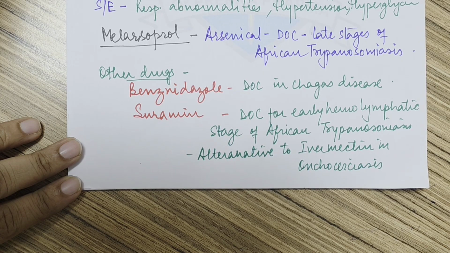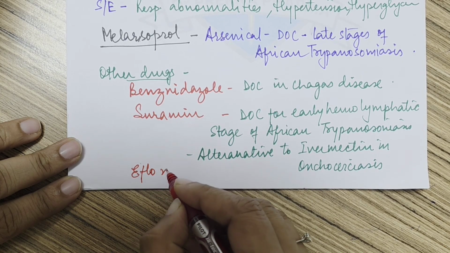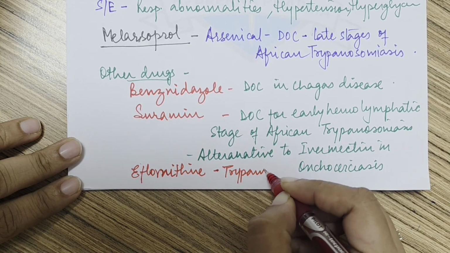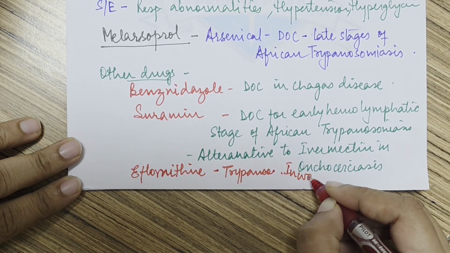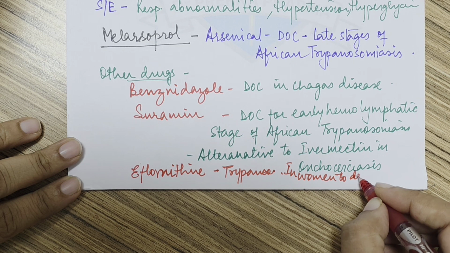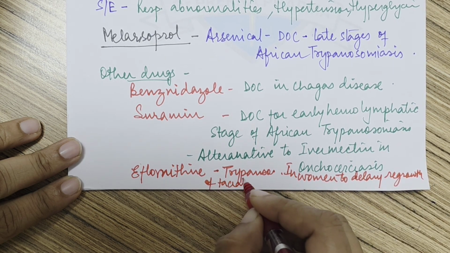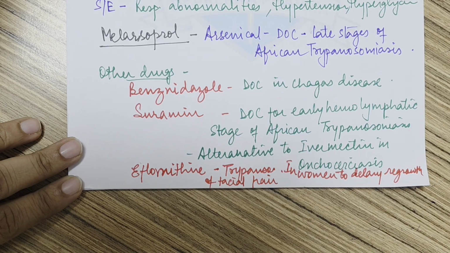Right? Then there's one more drug, eflornithine. This is used in trypanosomiasis. Also used in women to delay the regrowth of facial hair. Okay, so this is about trypanosomiasis.